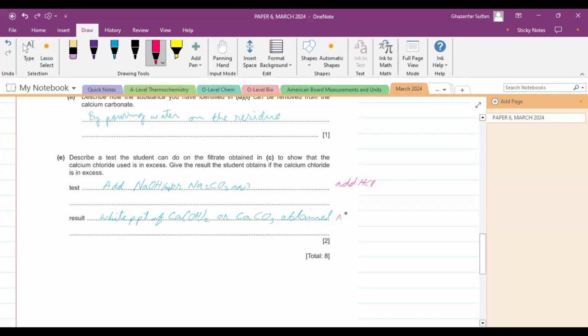And the result would be that no effervescence will be observed. There would be no effervescence.